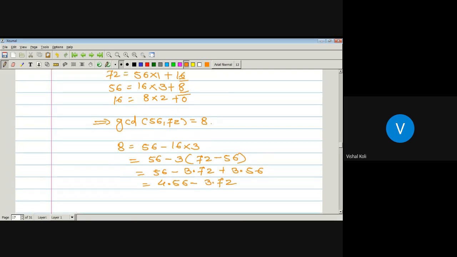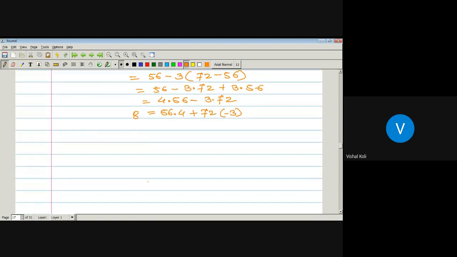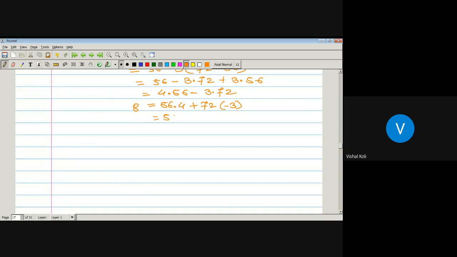That is, it can be written as 56 into 4 plus 72 into minus 3. So it is nothing but 56x plus 72y. So what are the values of x and y? x is 4 and y is minus 3. Okay.